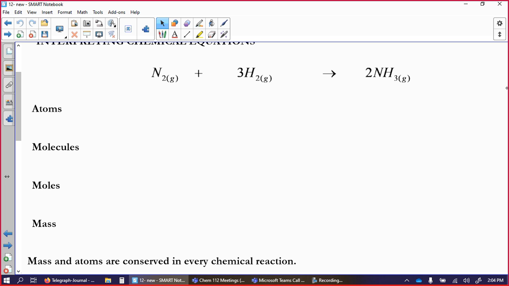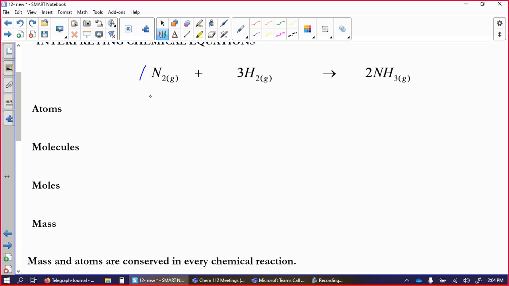Some German guy named Fritz Haber, and there was a Bosch, because Haber was the guy that figured out the way to do it on an industrial scale. It's got one nitrogen, three hydrogens, and you make two ammonias.